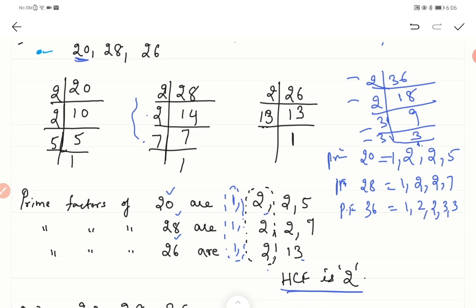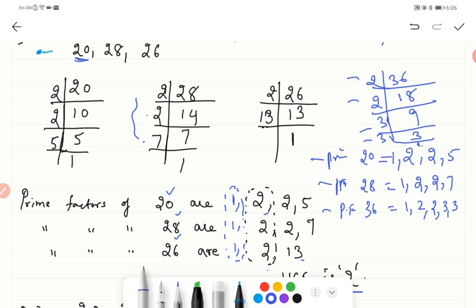Now just check, out of all three numbers, what are the common factors? You have common factor 1. You can avoid 1, or it depends on you. If you want, you can write it, because 1 will be common for all. Then 2, and one more time 2 is there.